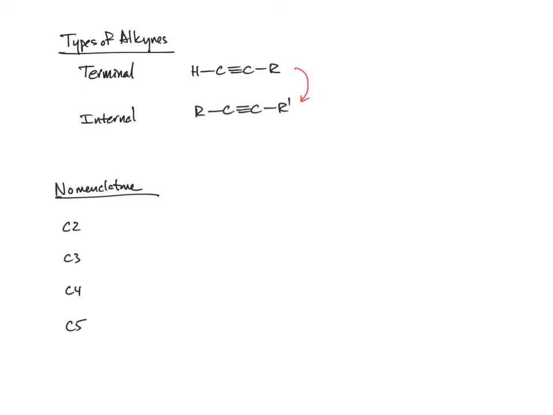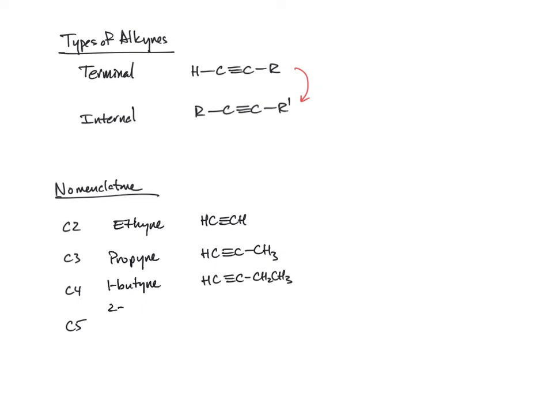So some brief nomenclature. There's ethyne, propyne, so now we have 1-butyne, or 2-butyne.